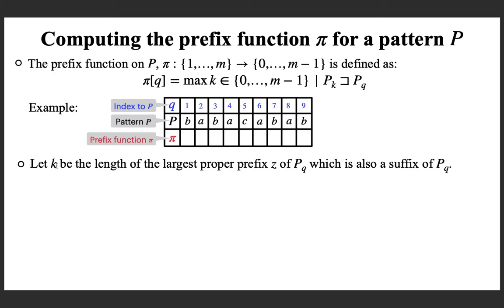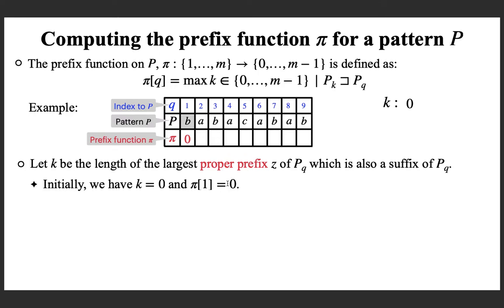So to begin with, you have not processed any symbol, so the prefix matched is of length 0, so k is equal to 0. And if you are looking at the first index q as 1, the proper prefix of this must be 0, because there is only one symbol. If it were not proper, the prefix of b which is also a suffix is b itself, but not that. We are looking at a proper prefix, that is of length less than 1.